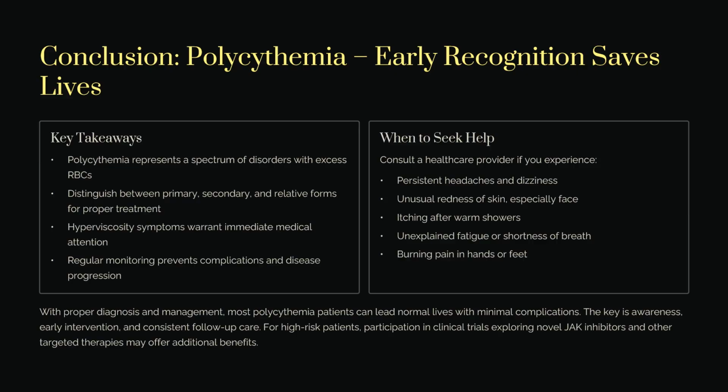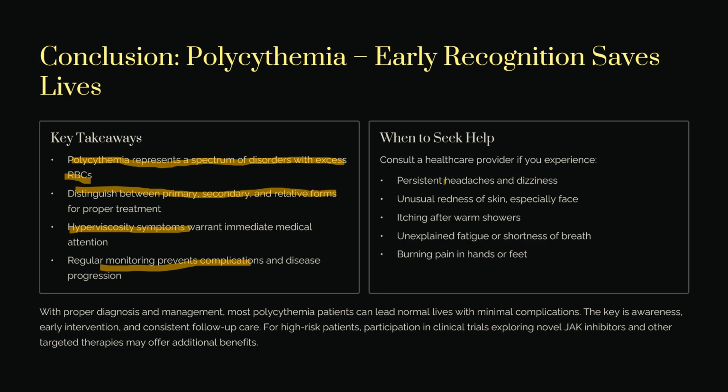So, what are the key takeaways? What we learned from this video is that polycythemia represents a spectrum of disorders with excess RBC. Next, distinguish between primary, secondary, and relative forms. Hyperviscosity symptoms. Regular monitoring is very important. And when to seek help, when we should go to the doctor.